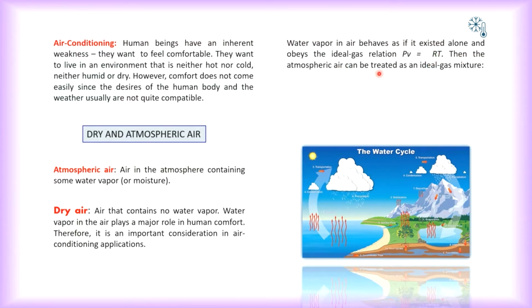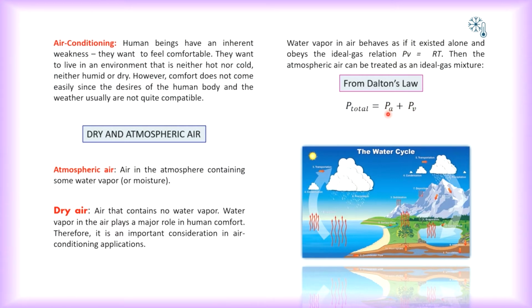Now, the atmospheric air can be treated as an ideal gas mixture. So it is a mixture of dry air and moisture. Now, based on Dalton's law, the total pressure, that means the surrounding pressure, is actually the sum of the partial pressure of air and the partial pressure of water vapor.